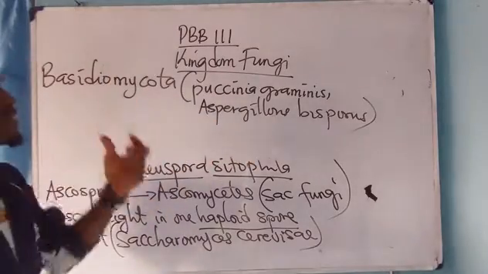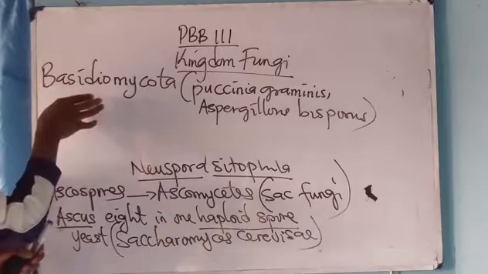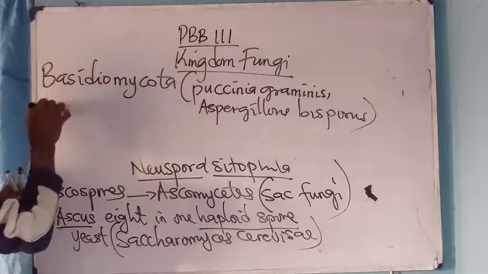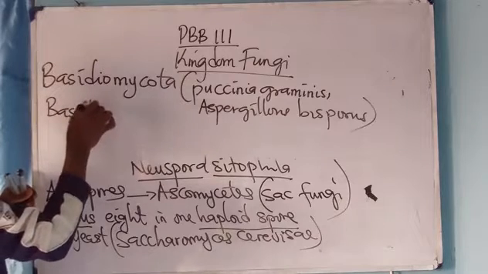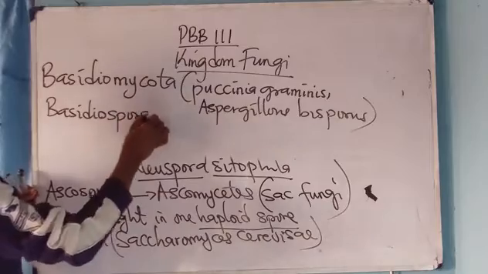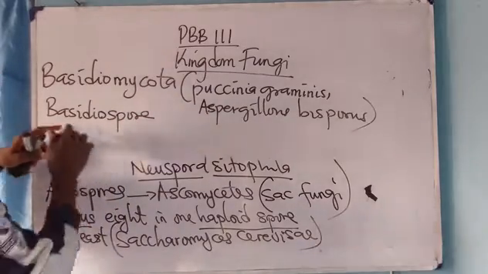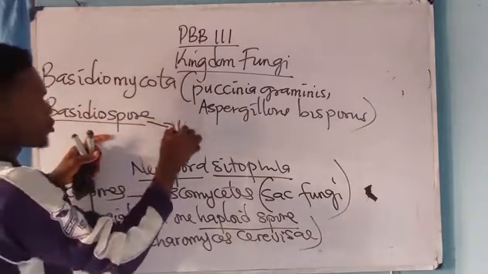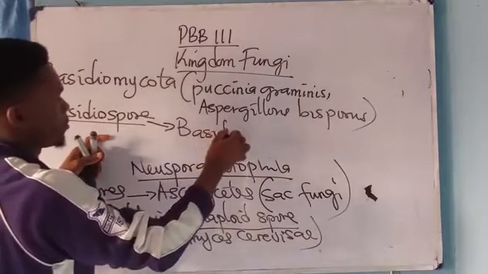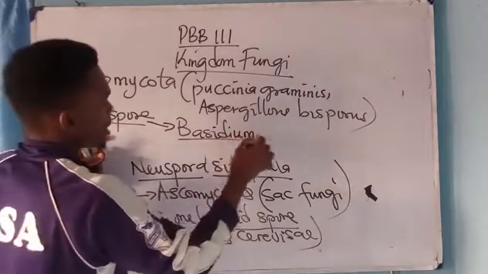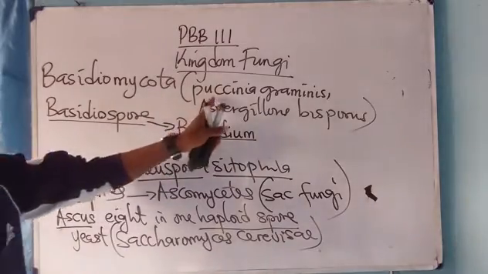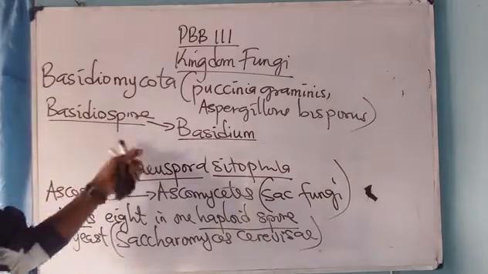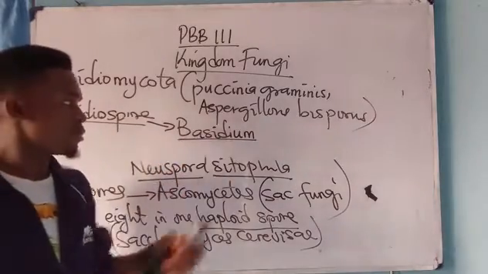The Basidiomycota is a division. The Basidiomycota or Basidiomycetes produce a spore called a basidiospore. This basidiospore is found in a structure called the basidium. Take note of that.